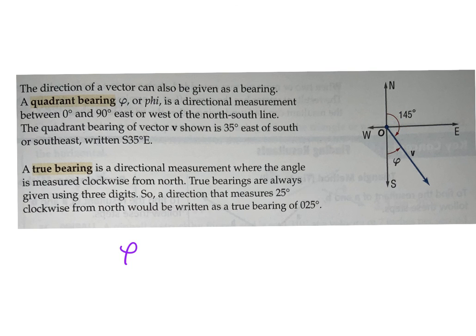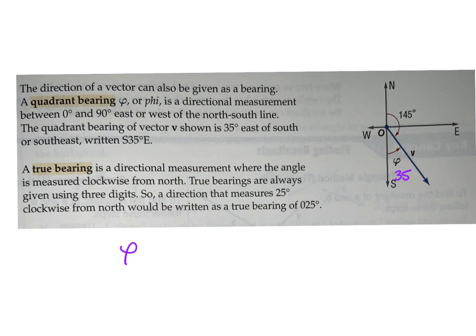Everybody understand? Is it always coming off of your leg? So quadrant bearing, they're going to write it this way, and they're going to say southeast 35 degrees, which means east of south. That means this little angle right here between the south and your vector, east of the south, is 35 degrees.